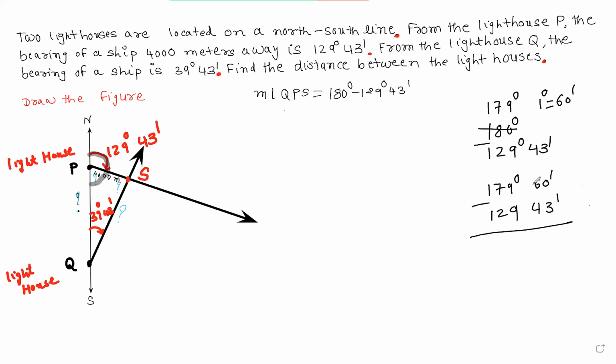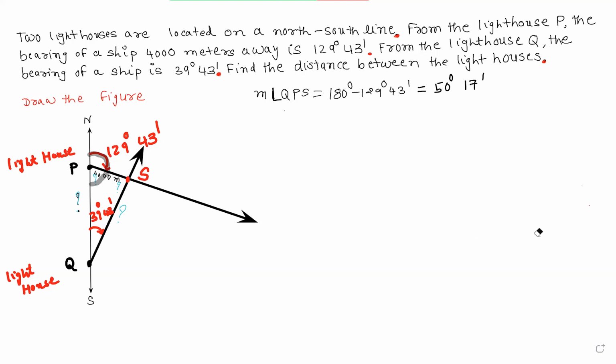To subtract, 60 minus 43 is 17, 179 minus 129 is 50. So measure angle QPS is equal to 50 degrees 17 minutes. So we're done with that part. Now I will erase this and I will write this angle as 50 degrees 17 minutes.